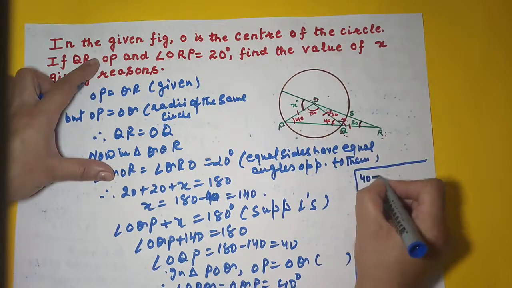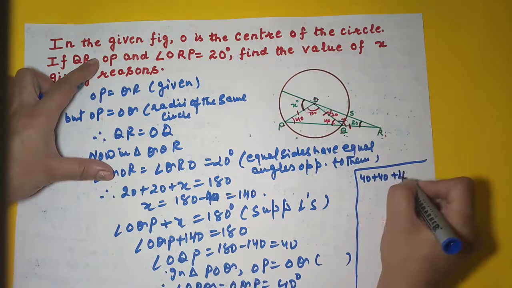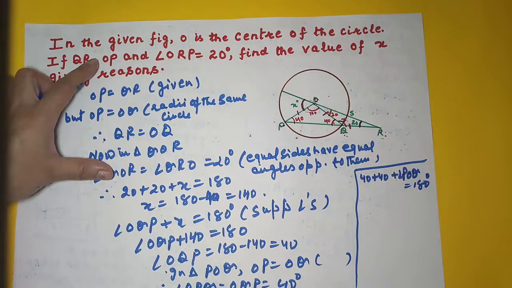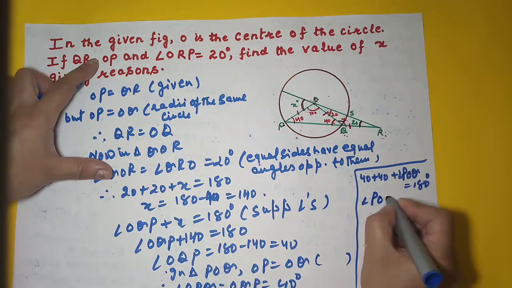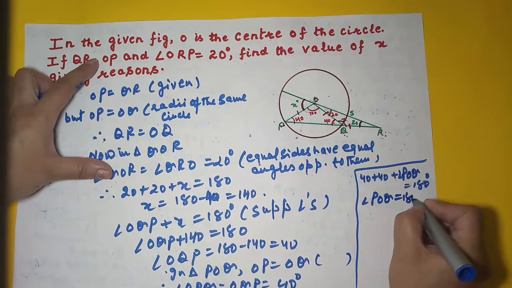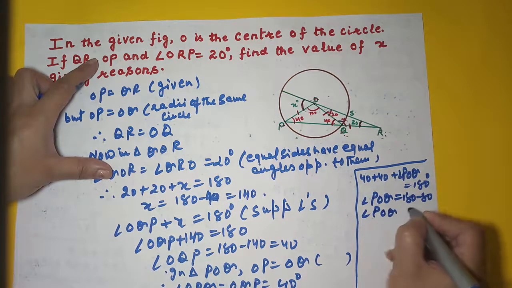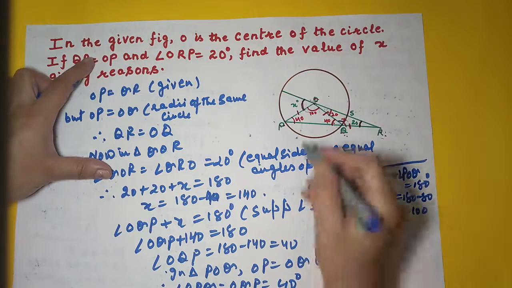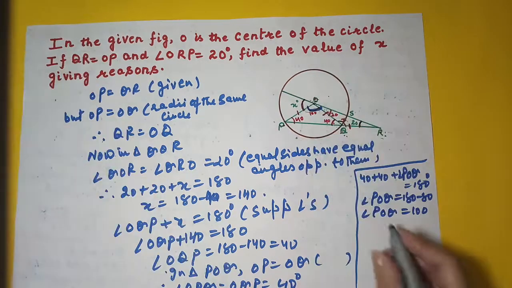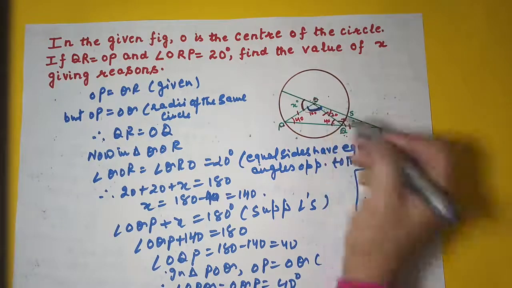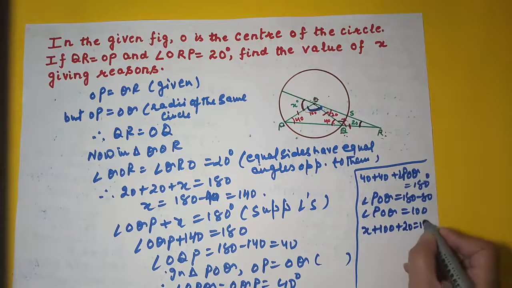So then what you can do is you can find the value of angle POQ. So 40 plus angle POQ equals to 180, triangle sum property. So your angle POQ equal to 180 minus 80. So you got angle POQ as 100. So this angle you got 100. Now x plus 100 plus this 20 equals 180.